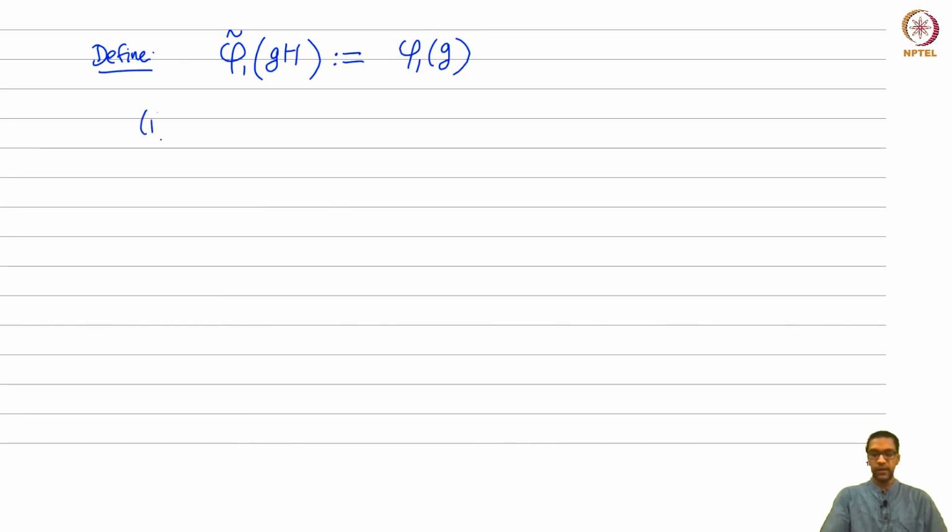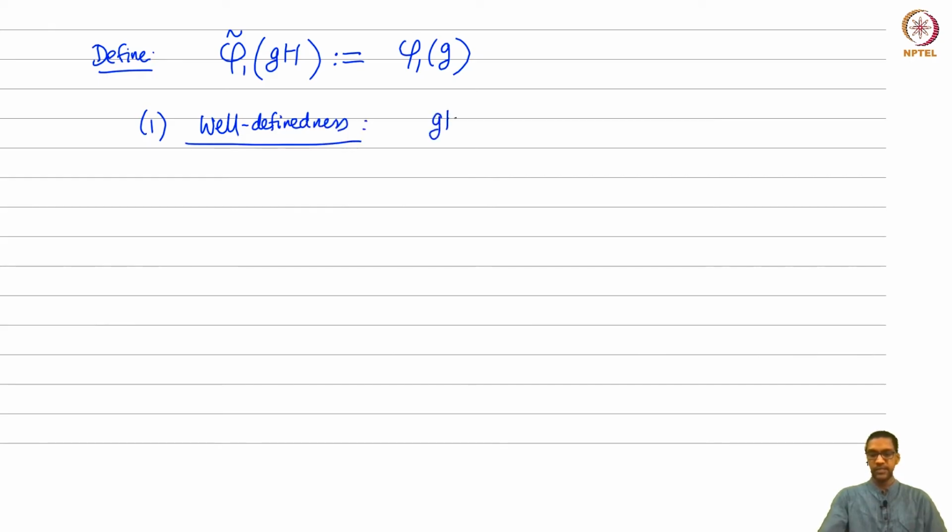Now the first thing, whenever we define a map like this on cosets, is to ensure that this is well defined. That is, it does not depend on the representative that we have chosen for the coset. Okay, so you always have to check well-definedness. Now what does that mean?